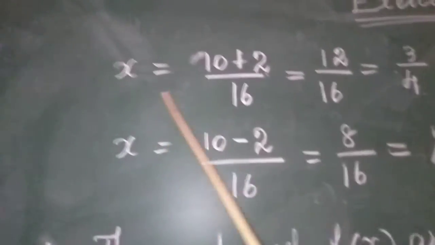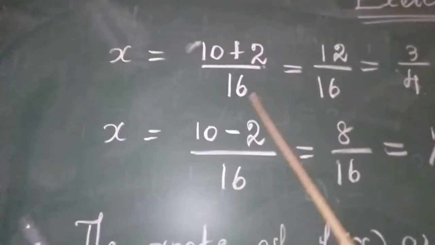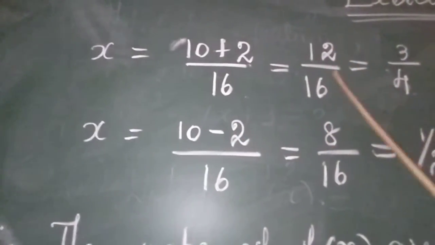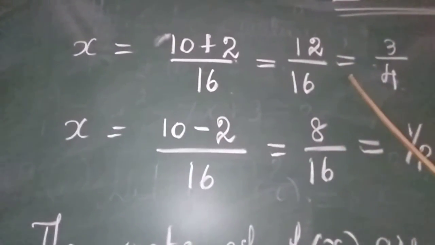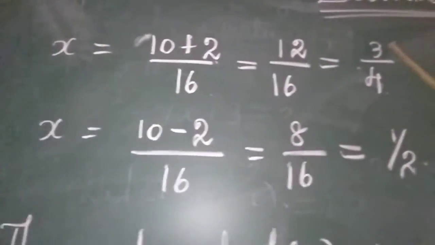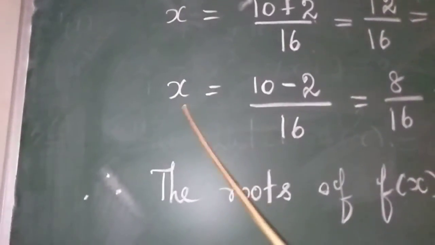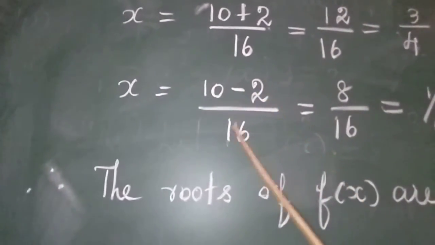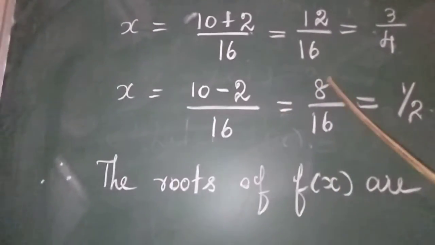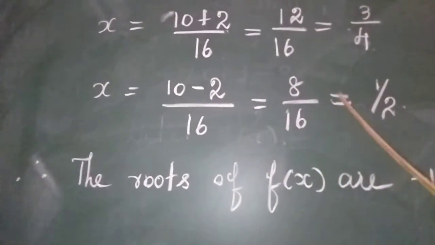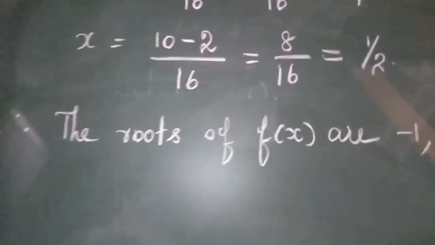Now x is equal to 10 plus 2 divided by 16 is equal to 12 by 16. If we simplify by 4, we are getting 3 by 4. Next one we are taking x equal to 10 minus 2 divided by 16, that is equal to 8 by 16. If we simplify, we are getting 1 by 2.